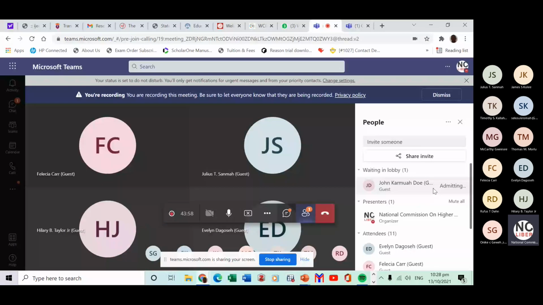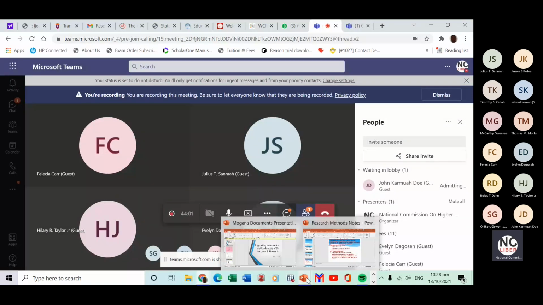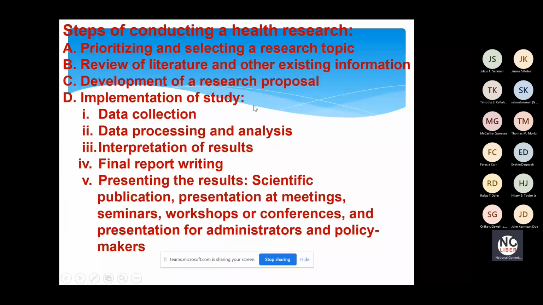The next thing you have to do after you develop a proposal is to implement the study. I mean, to do the work now. So now that you have the proposal ready, you can now go into collecting the data.